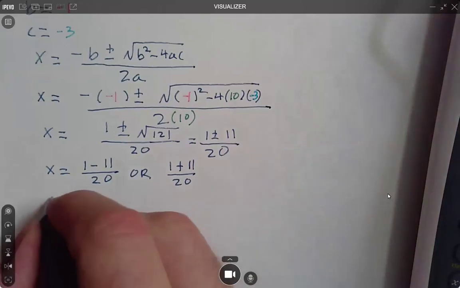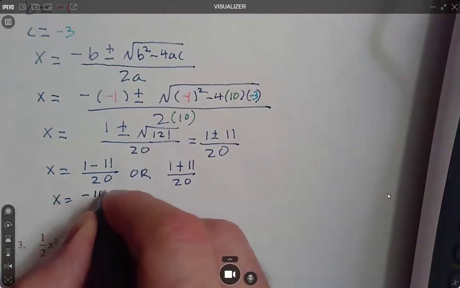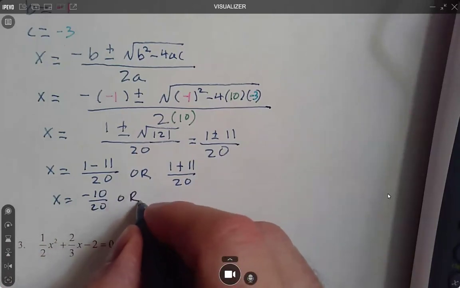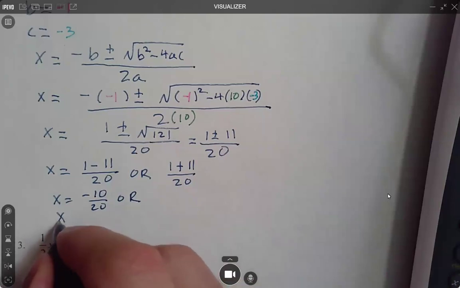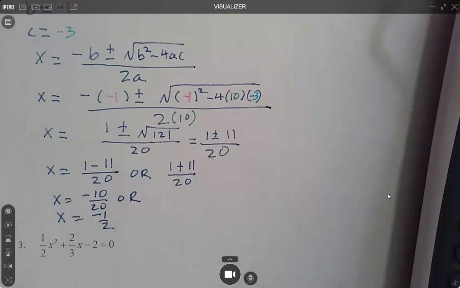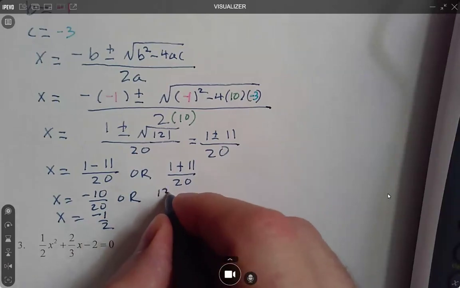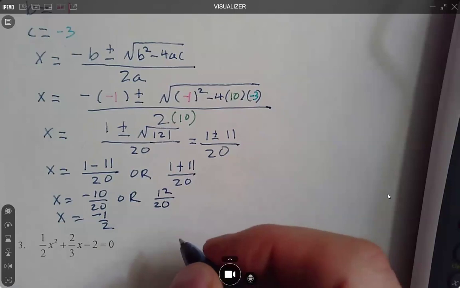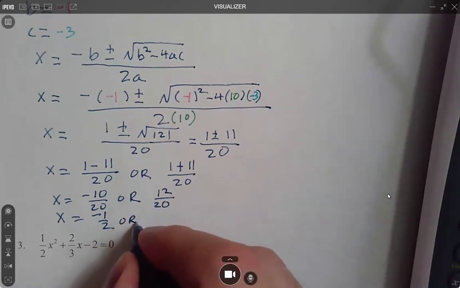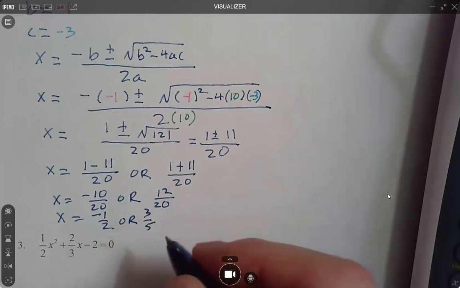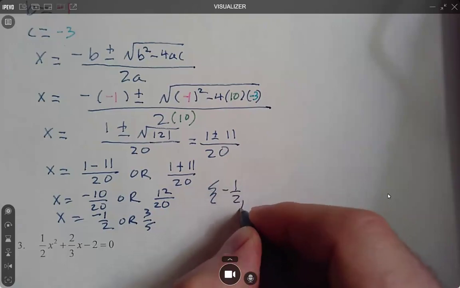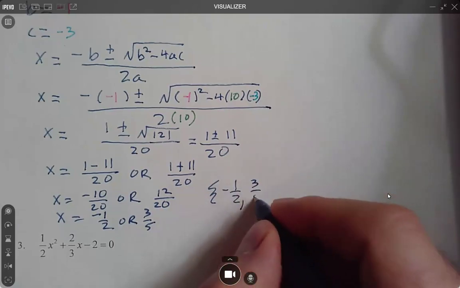So here we're going to get a negative 10 over 20, and that's going to reduce to a negative 1/2. On the second part, we're going to get 12 over 20, and you can then reduce that by 4. And that will give us 3/5. So our two answers here are negative 1/2 and 3/5.